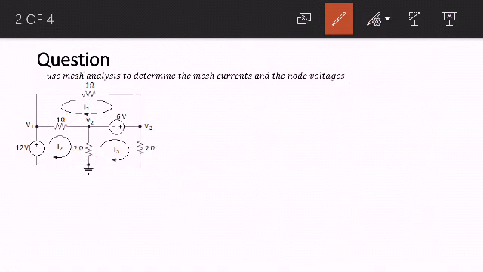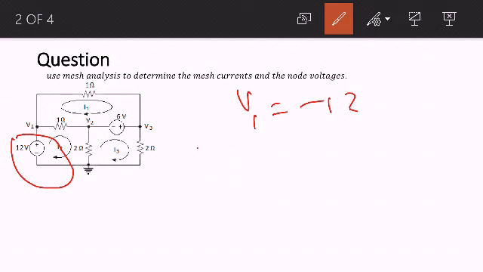Okay, so you note that depending on the direction of current. Now for us to know the node voltages, remember that from what we can see, V1 already is equal to minus 12, because the only voltage source in this arm is V1. We don't have a problem with that. And then the current passing through the 1 ohm resistor, I1, is supposed to be V1 minus V2 divided by the resistor, 1.